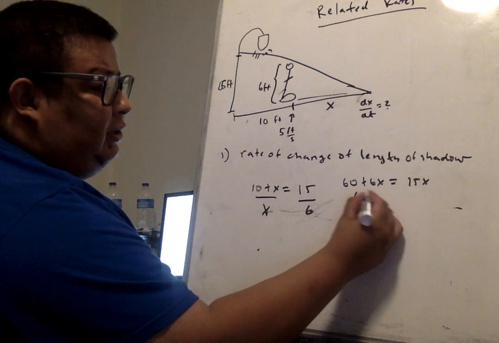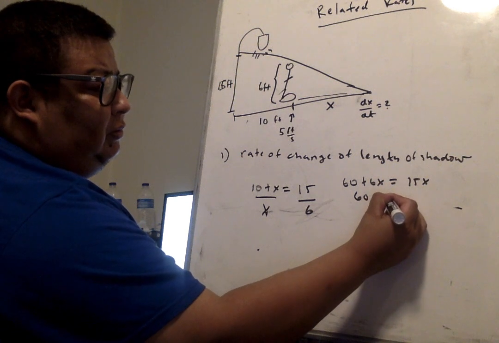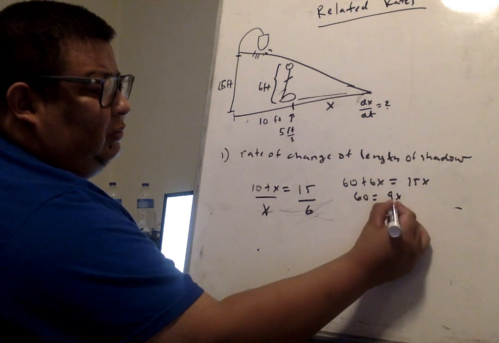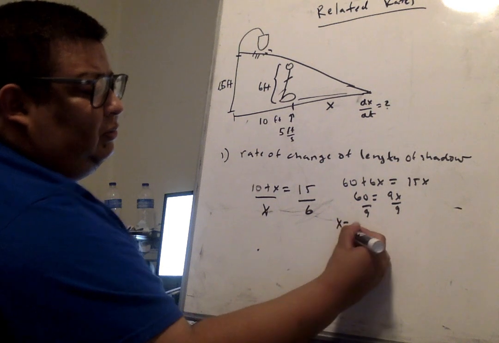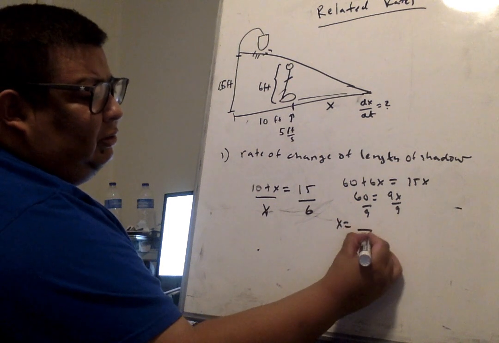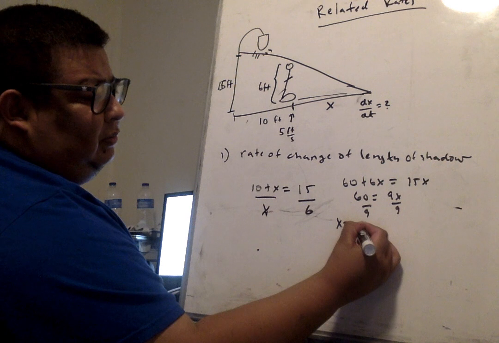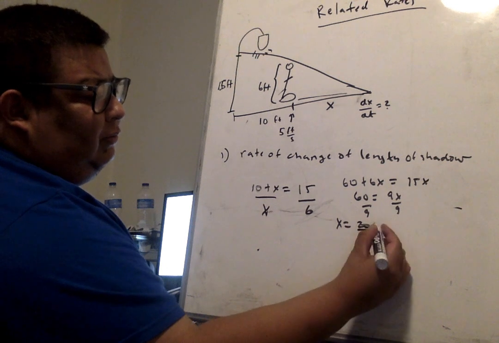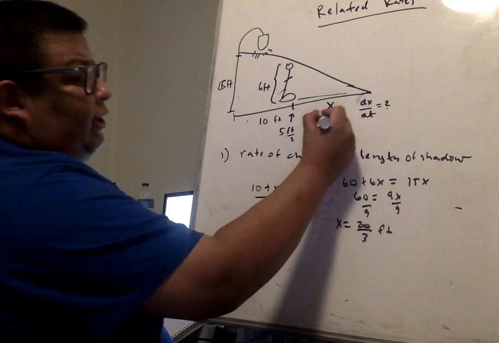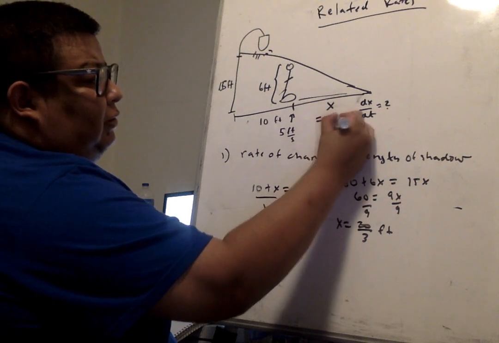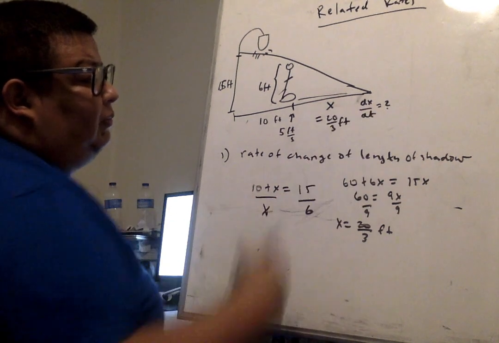So 60 equals 9x. We divide by 9, x is equal to 20/3 feet. So here x is going to be equal to 20/3 feet.